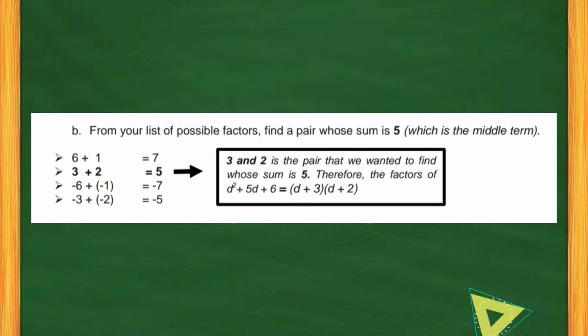So, in this list, ang magbibigay sa atin ng positive 5 ay si 3 and 2. So, therefore, the factors of d squared plus 5d plus 6 is d plus 3 and d plus 2.